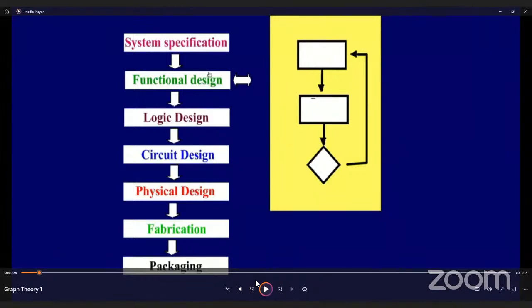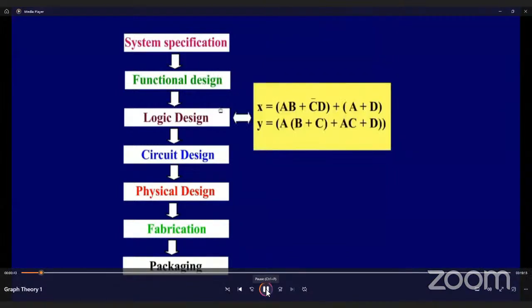So this is all you can do on paper, not physically with all those electronic devices. You design it, and then from here we have to convert it to the logic design.